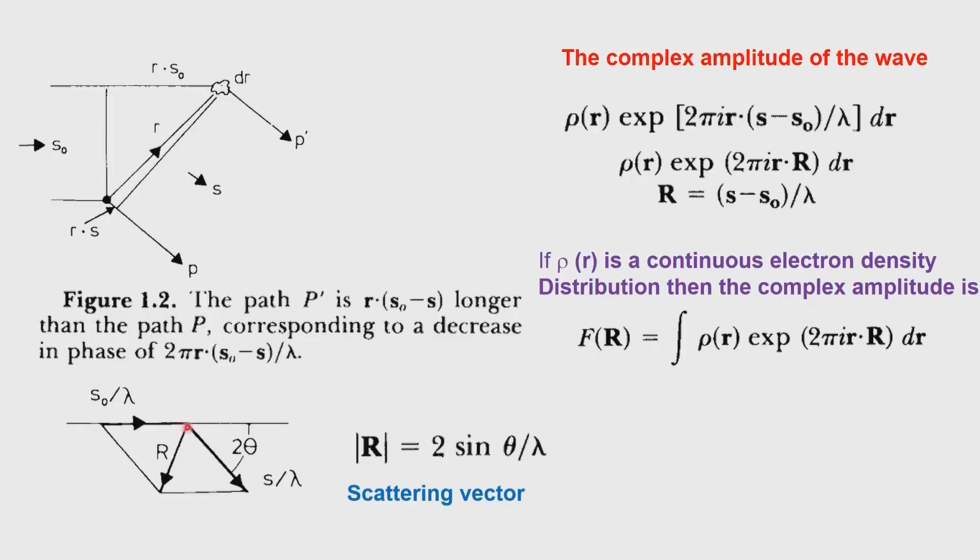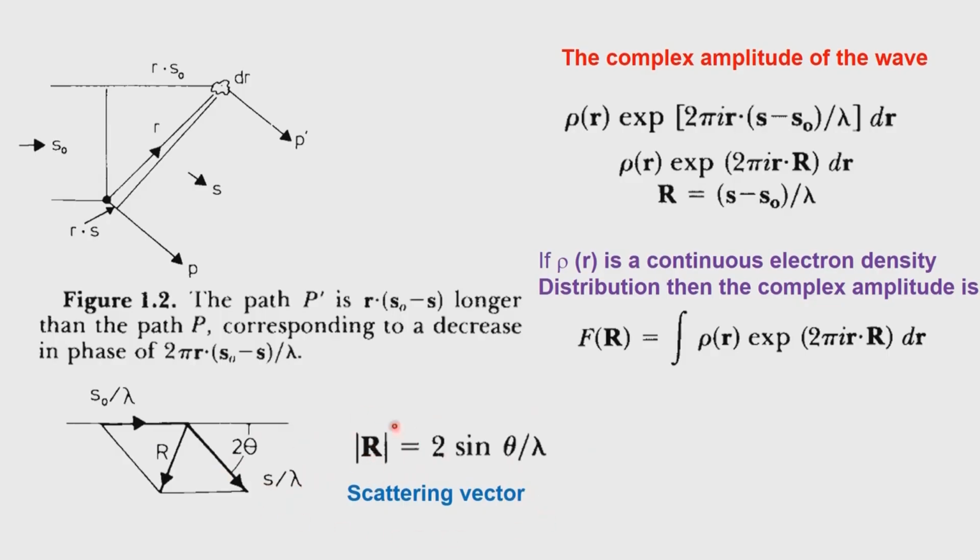Then the scattering vector is in a direction perpendicular to these two. It is actually a bisector of S naught by lambda and S by lambda, and if I take this angle as 2 theta, then it is easily shown that modulus of R is equal to 2 sin theta divided by lambda, and this is the scattering vector.